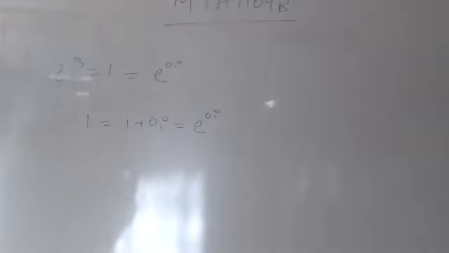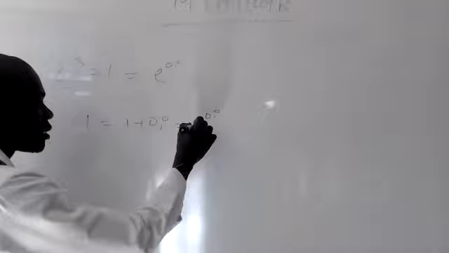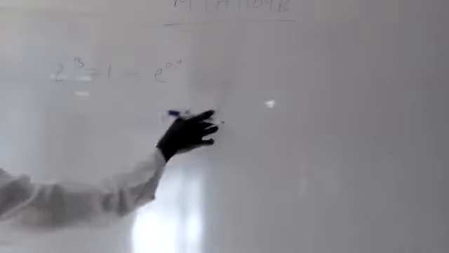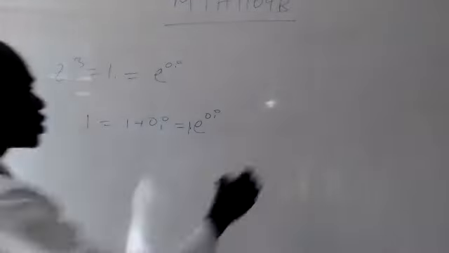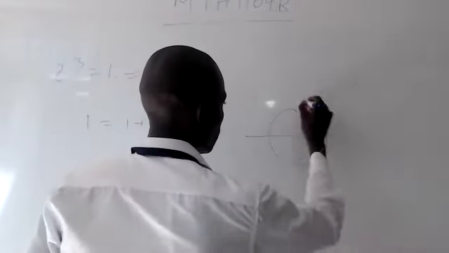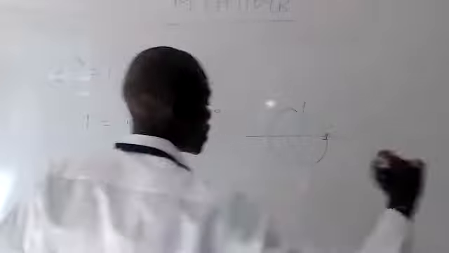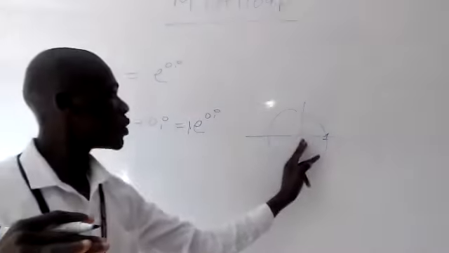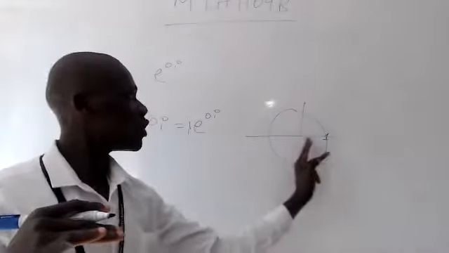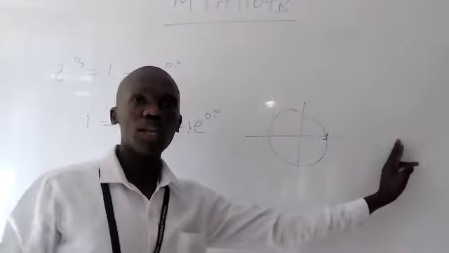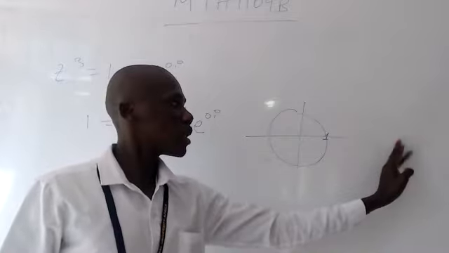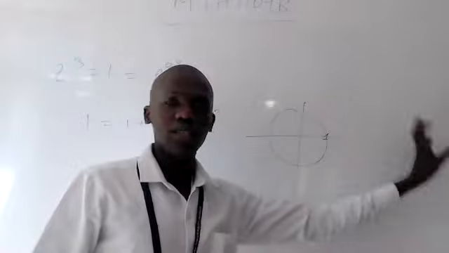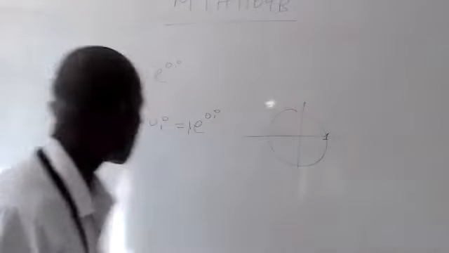Or if you like, you can write 1 times exponent 0i, where 1 is the absolute value and 0 is the argument, because in your Argand diagram, the number 1 lies on the horizontal axis on the positive side. All the positive real numbers have an argument of 0 because they lie on the positive real axis. Remember, all the measurements are taken from the positive real axis.